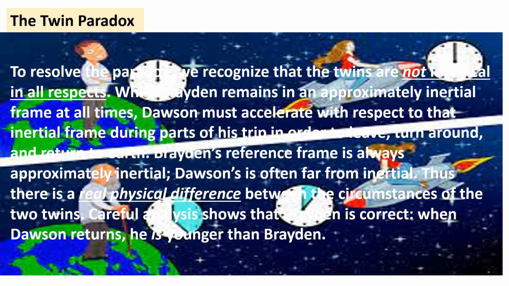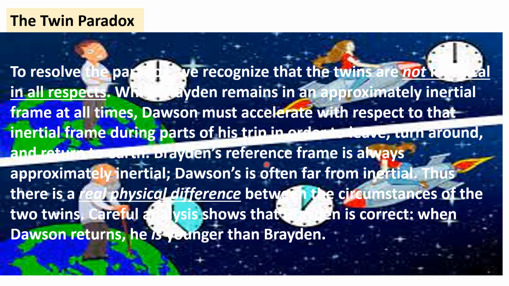To resolve the paradox, we have to recognize that the twins are not identical in all respects. While Brayden remains in an approximately inertial frame at all times, Dawson must accelerate with respect to that inertial frame during the parts of his trip in order to leave, turn around, and return to Earth.